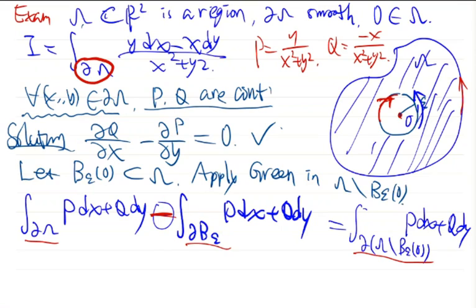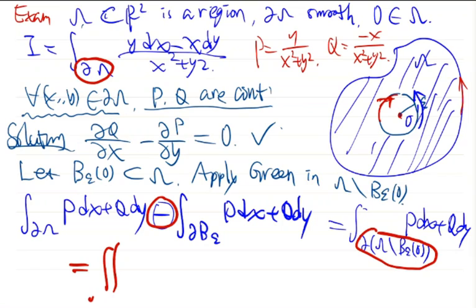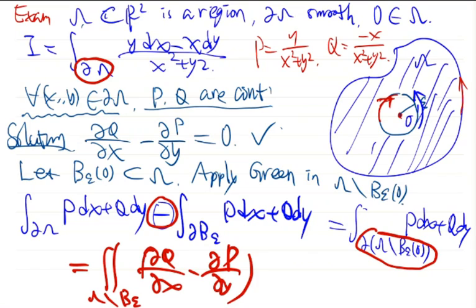This is why we take a negative sign. Now, by the Green formula in this domain, this is the integral over omega removing the disk of Q_x minus P_y dx dy. By our computation, this is 0.